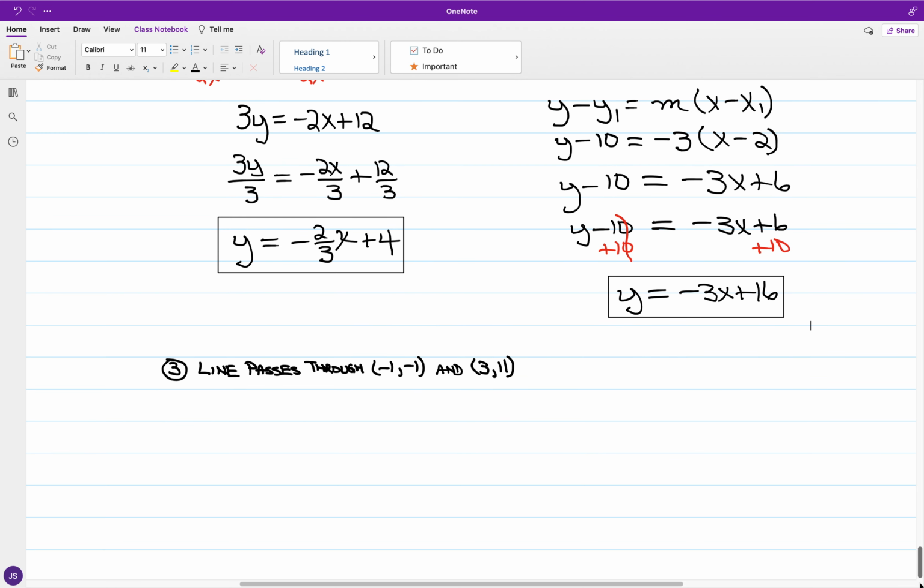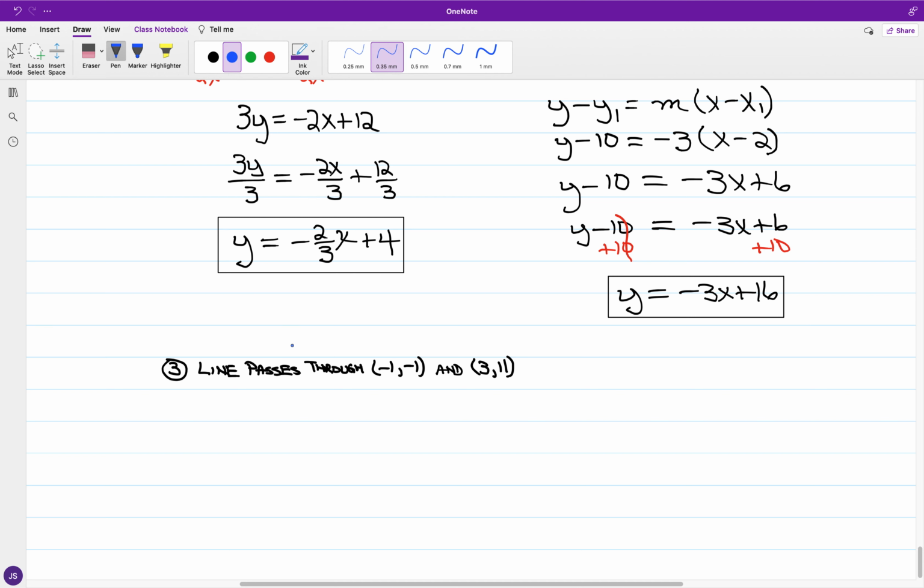So we have 2 points through which the line passes at -1, -1, and 3, 11. We got these 2 points given, and to get to the slope, we have to determine the slope of the line that passes through these 2 points.